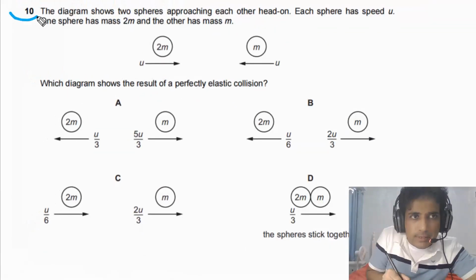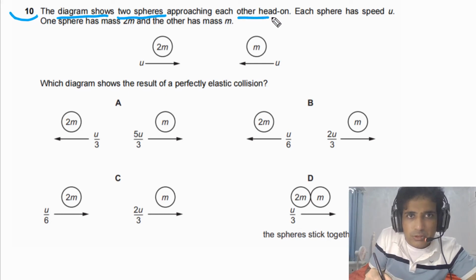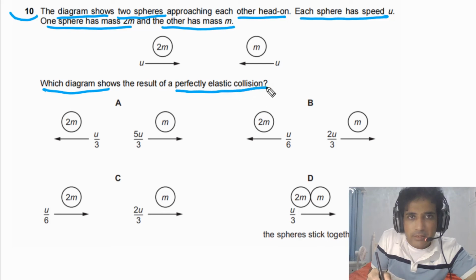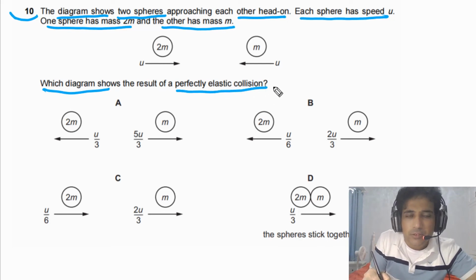For question number 10, it is given to us the diagram shows two spheres approaching each other head on. Each sphere has speed u, one sphere has mass 2m and the other has mass m. Which diagram shows the result of a perfectly elastic collision? So we need to understand what a perfectly elastic collision is. Perfectly elastic collision means that kinetic energy before collision is equal to kinetic energy after collision.